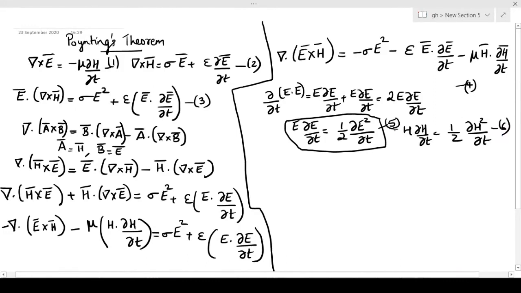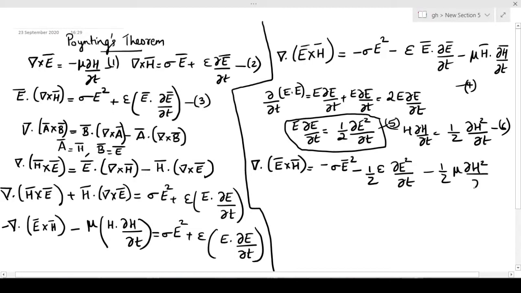So substituting equations 5 and 6 in equation 4, you get del dot (E cross H) is equal to minus sigma E square, and next you are substituting minus half epsilon ∂E square/∂t minus half mu ∂H square/∂t.